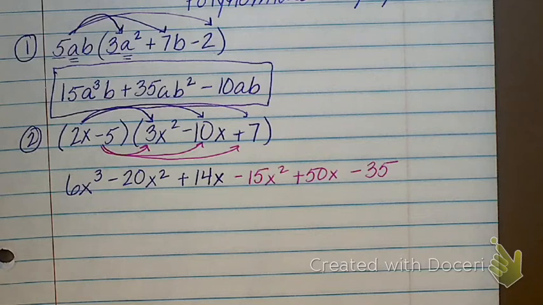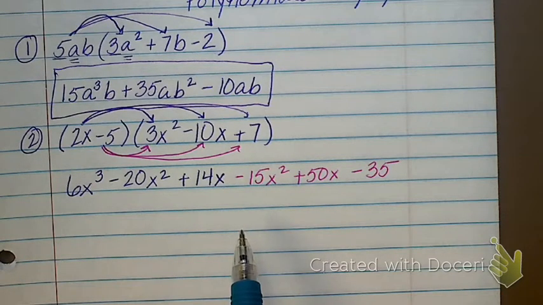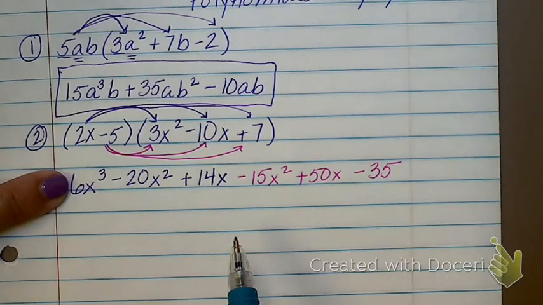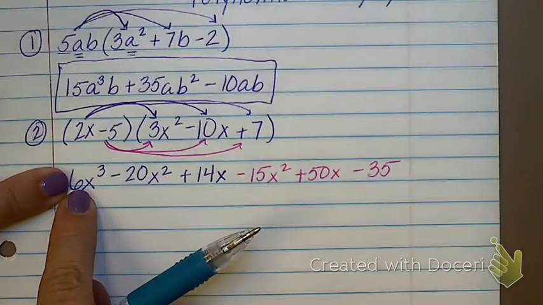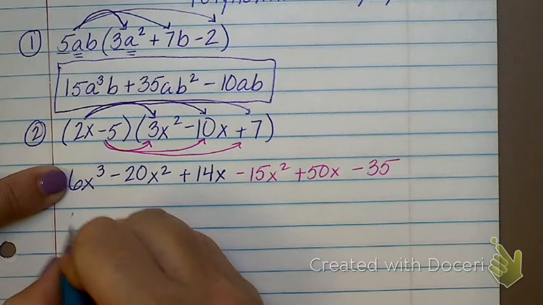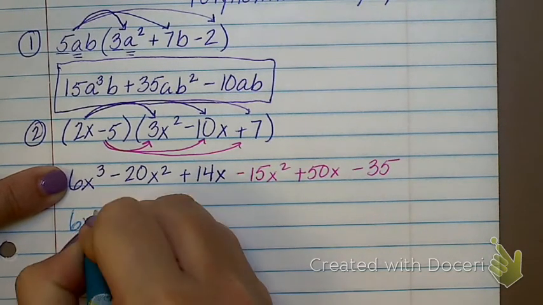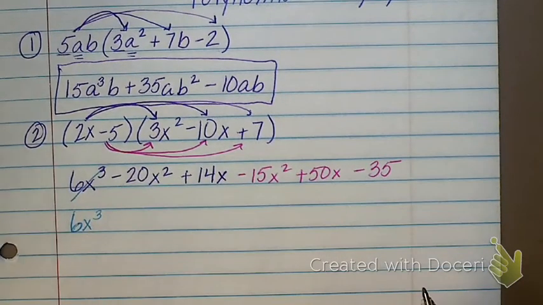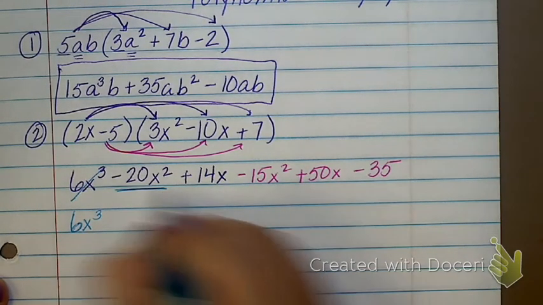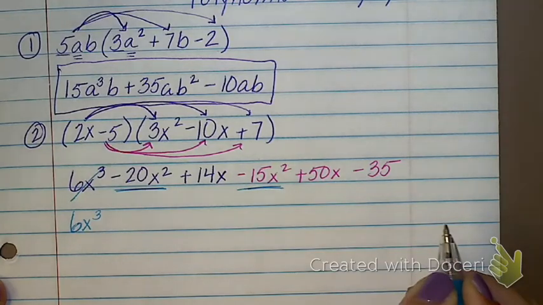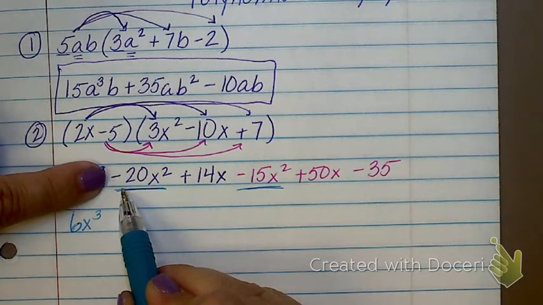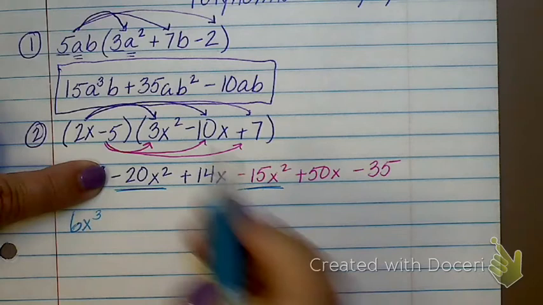At this point, all I need to do is combine my like terms and make sure my answer is in standard form. So, what's the highest exponent that I should put first? X to the third. Are there any terms besides this one that have x to the third? Okay, so that guy comes first. 6x to the third. Next, I would go to x squared, right? I have one there. I have another one there. And I think that's it. What's negative 20x squared and negative 15x squared?